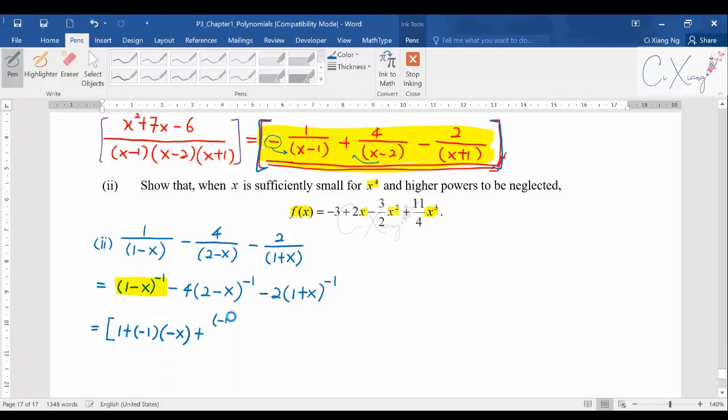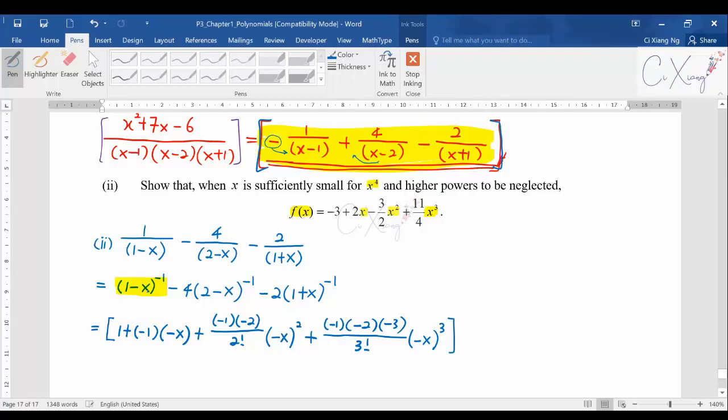Then n minus 1 divided by 2 factorial, then x squared. Then plus n minus 1, n minus 2 divided by 3 factorial, and then x power 3.